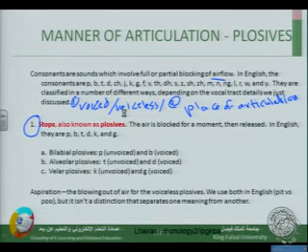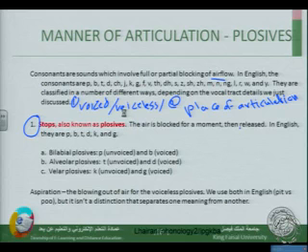The first case we take is stops, also known as plosives, where the air is blocked for a moment then released. P: notice, it is blocked, then released.